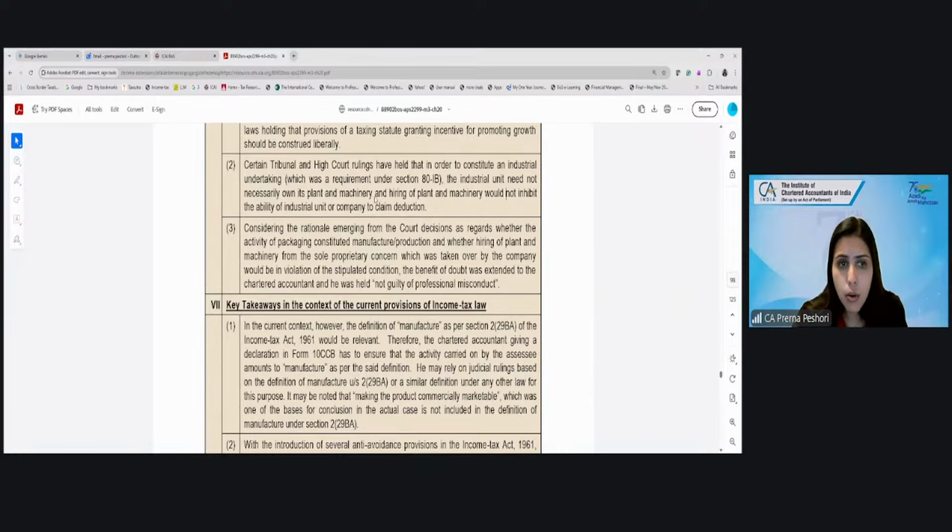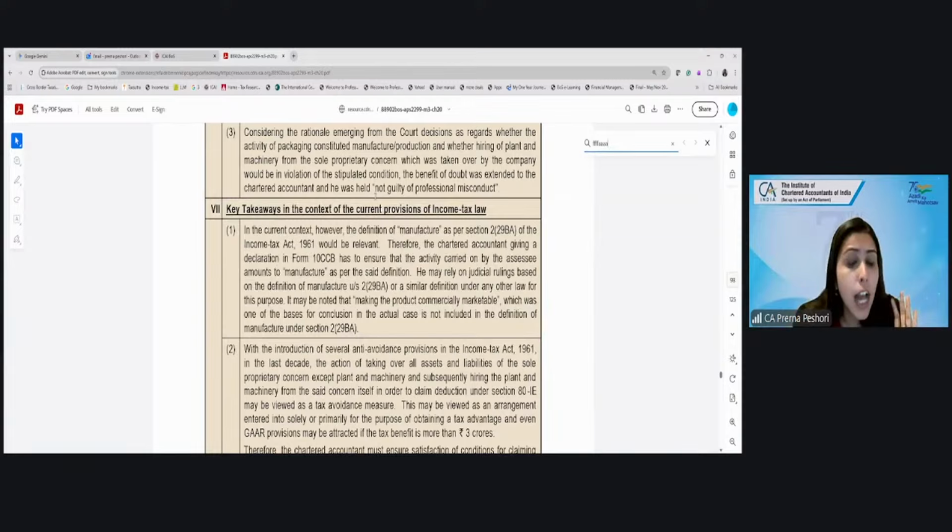However, in the current context, now that we have the definition of manufacture, these were the facts of the case prior to the definition of manufacture under the Income Tax Act. So on that basis, it can be said that since there was no definition, based on different rulings, different viewpoints can emerge. Now, since we have the definition under the Income Tax Act, the chartered accountant giving a declaration on Form 10CCB has to ensure that the activity carried on by the assessee amounts to manufacture as per 2(29BA).